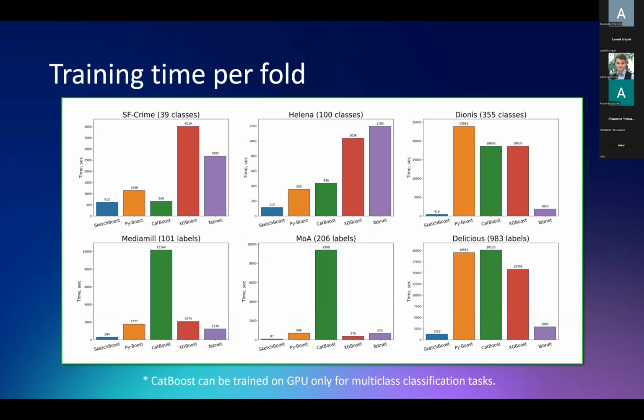There are some plots. How can we understand those plots? Let's first look at the first row. There are multi-class data sets. All the comparison is made for GPU versus GPU implementations. First, we can notice here that SketchBoost is always faster than Pyboost. That's good news for us.